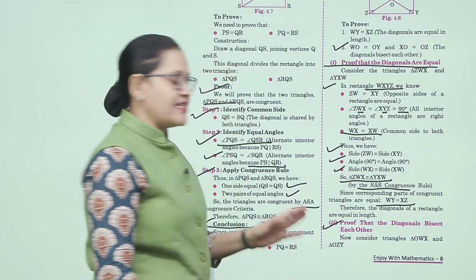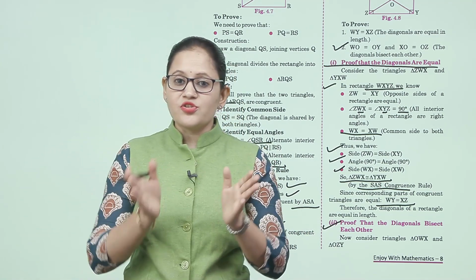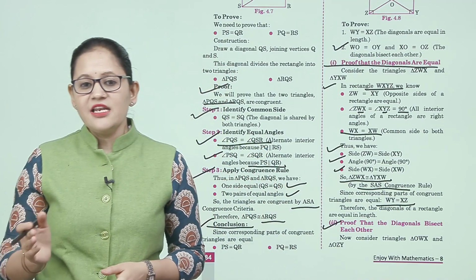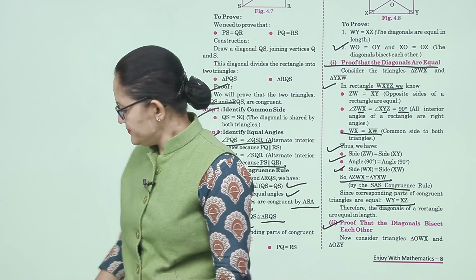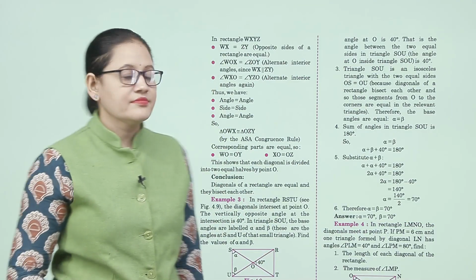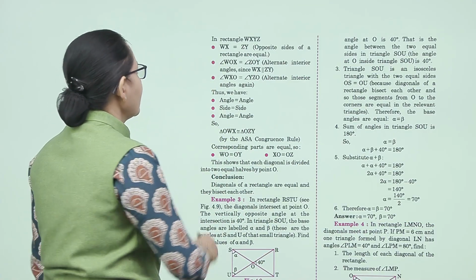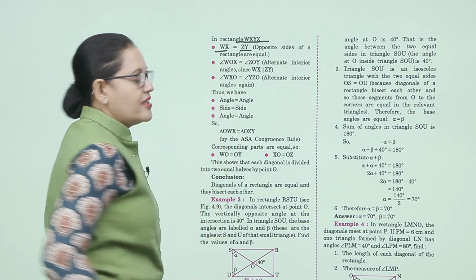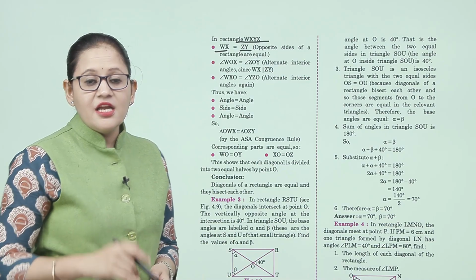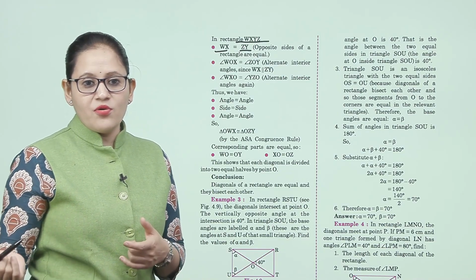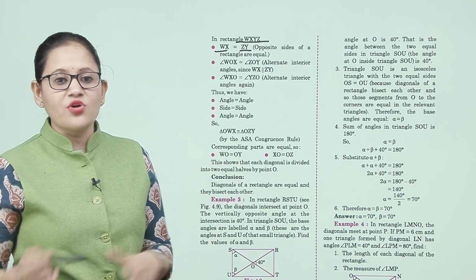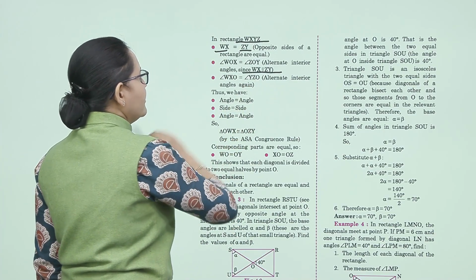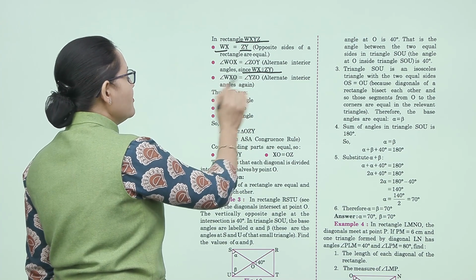Now we have to prove that the diagonals also bisect each other. Consider the triangles OWX and OZY. In rectangle WXYZ, WX equals ZY, the opposite sides of the rectangle. Angle WOX equals angle ZOY, vertically opposite angles. Angle OWX equals angle OYZ, alternate interior angles, because WX is parallel to ZY.